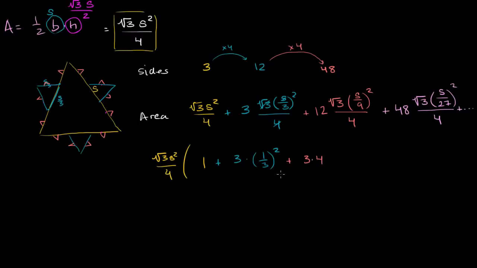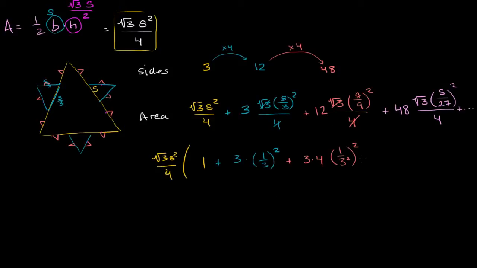And we're factoring out the square root of 3, the 4, and the s squared. So we're going to be left with 1 over 3 squared, and then that squared. So that's what we're left with for that orange term.